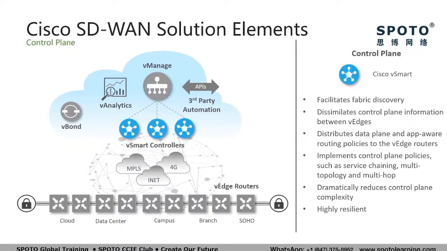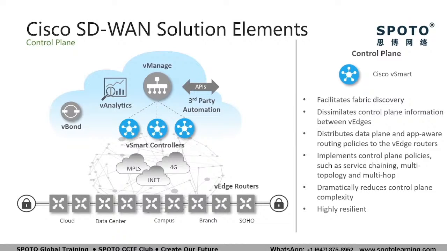Cisco vSmart Controllers are the scale-out control plane functions of the Cisco SD-WAN fabric. vSmart Controllers facilitate fabric discovery by running the Overlay Management Protocol, OMP, between themselves and the vEdge routers. Together with vEdge routers, vSmart Controllers act as a distribution system for the pertinent information required to establish the data plane connectivity directly between the vEdge routers.